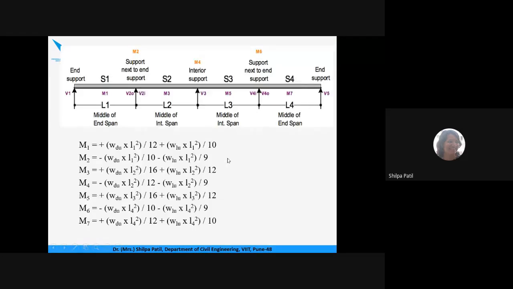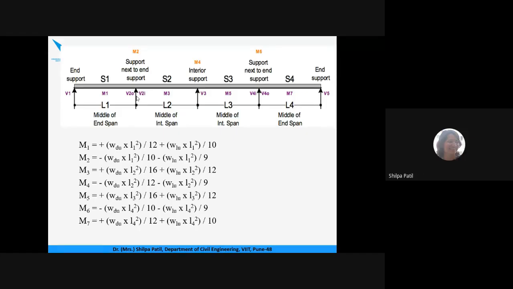The same is written here. M2: minus WD into L1 square by 10 minus WL into L1 square by 9. L by 10, L by 9, these are the coefficients. If you see the expression for M6, it is also the same, because the condition here is exactly the same. Both are supports next to the end support. Is it clear, everybody?